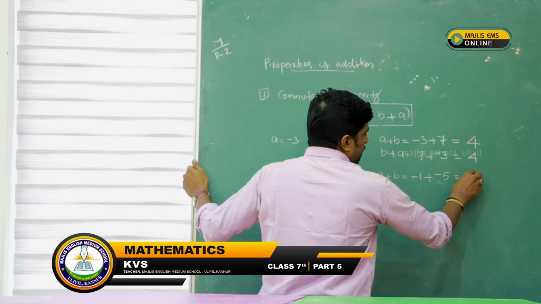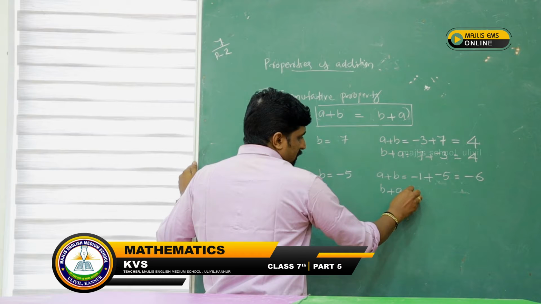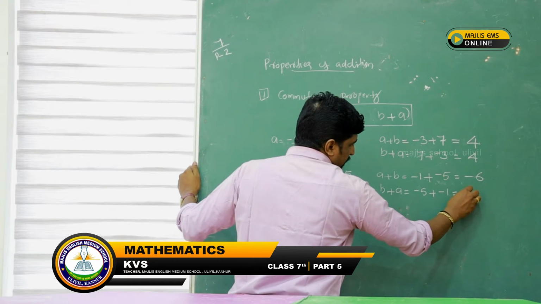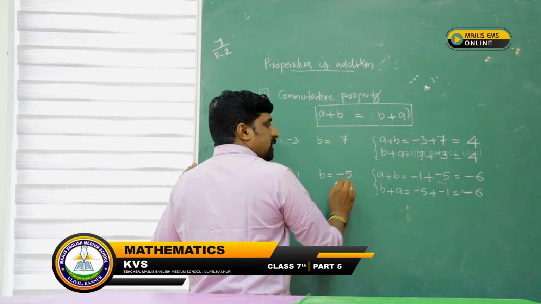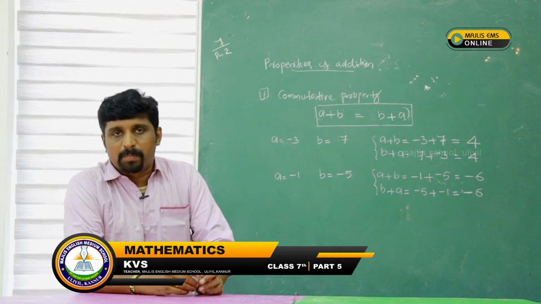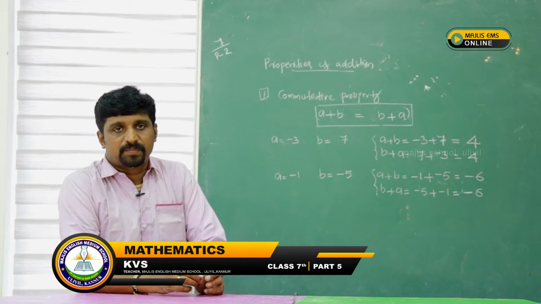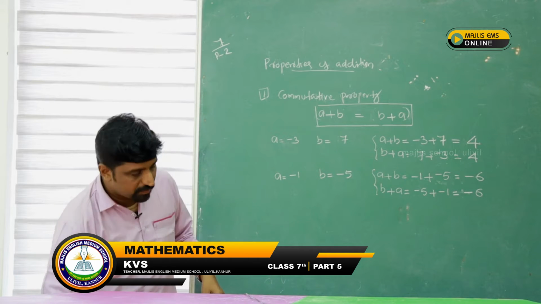Therefore the answer is negative 6. B plus a is negative 5 plus negative 1, and we got negative 6. Here also we got the same answer. A plus b equals b plus a. This is known as the commutative property of addition for integers.